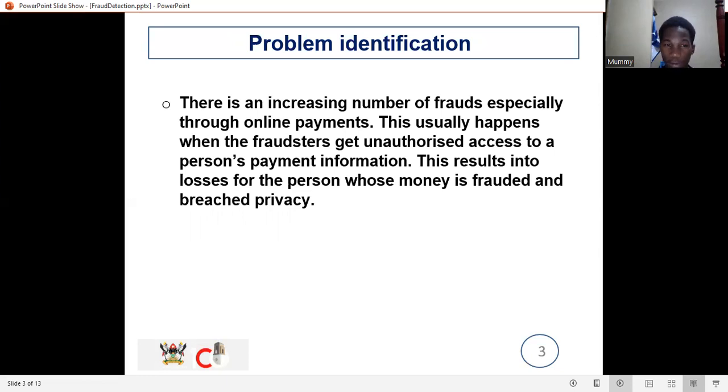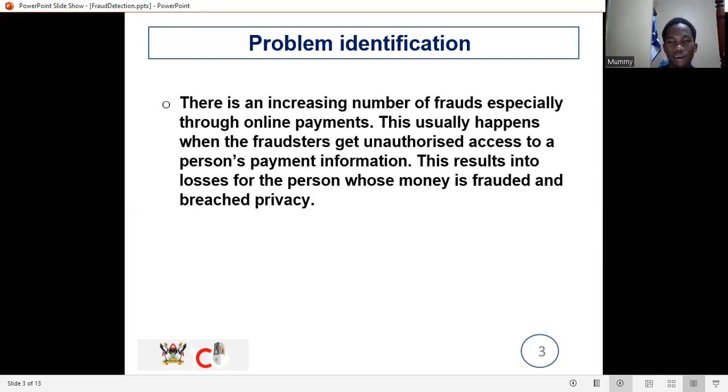But now those are the ways in which people are being defrauded online. You can make a payment to something illegitimate and not get the services you are paying for, and the money is transferred to certain accounts. This usually happens when fraudsters get unauthorized access to a person's payment information.